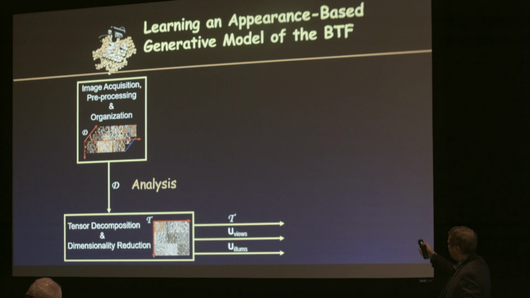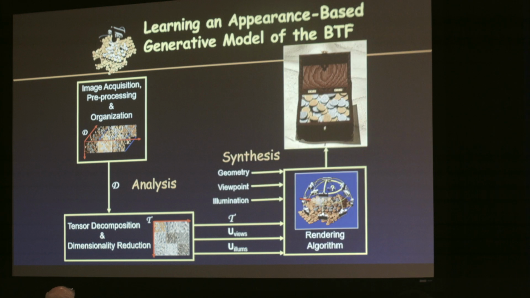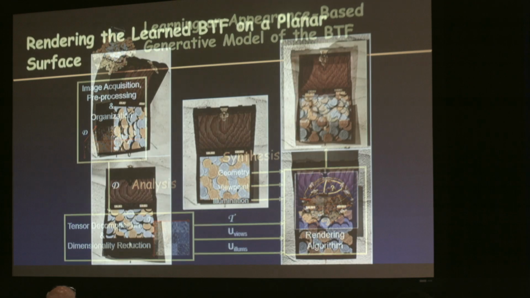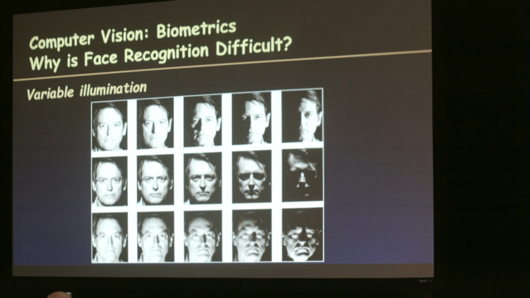And we can build a machine learning model that takes the observations, uses a technique we call tensor decomposition, and then builds a generative model of the appearance of a complex surface texture. And then this can be rendered. And the texture here depends on the viewpoint and the illumination. So it's a non-constant texture model.